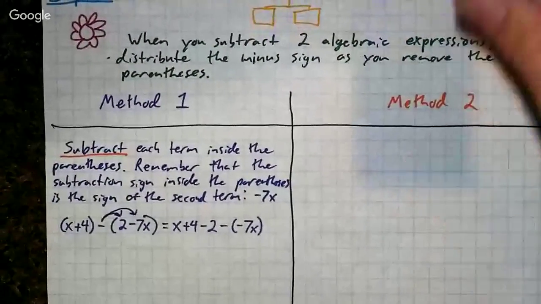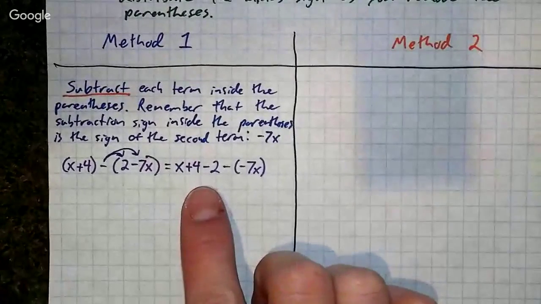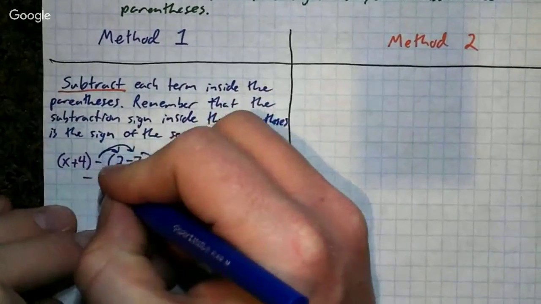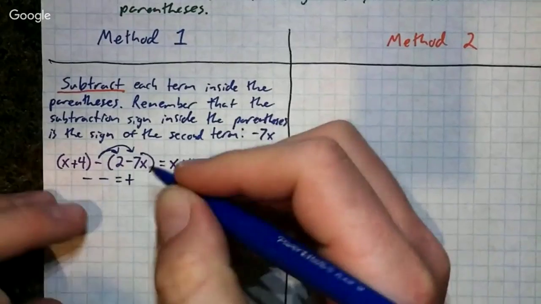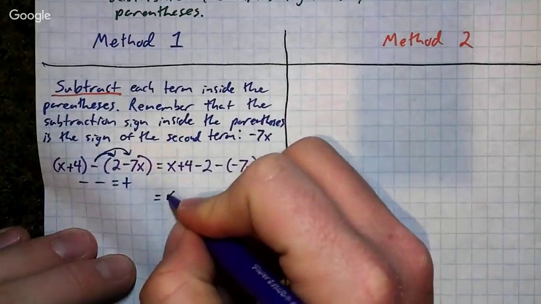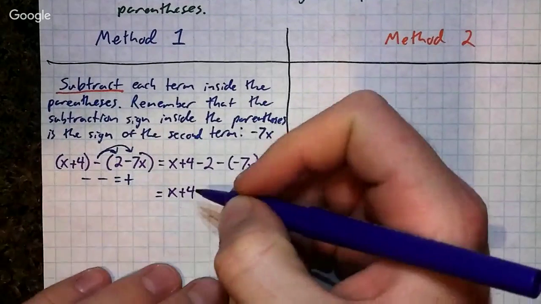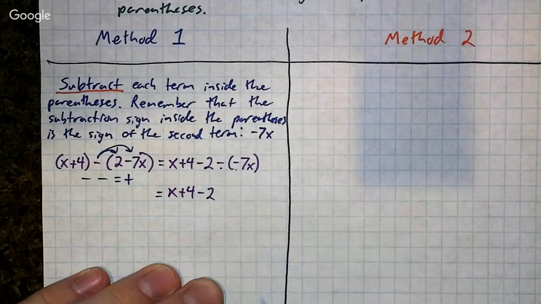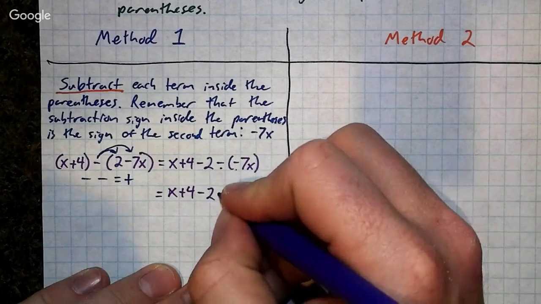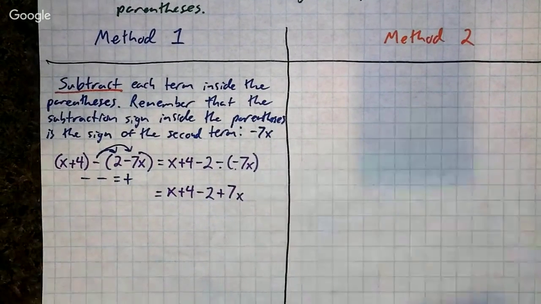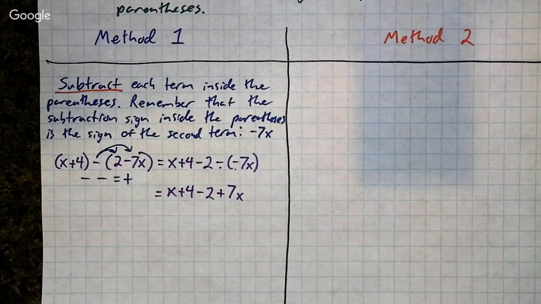But down here now, we have this. The next thing we're going to do is remember that a negative and a negative equals a positive. This will become x plus 4 minus 2, and now we have a negative and a negative, and those two will become a positive, adding 7x. x plus 4 minus 2 plus 7x is now our new equation.